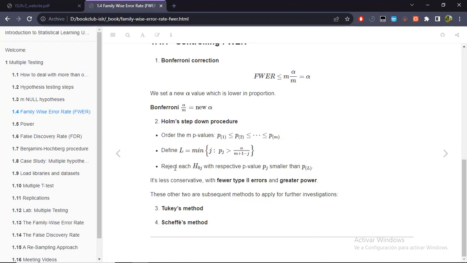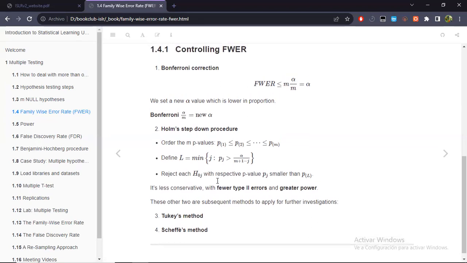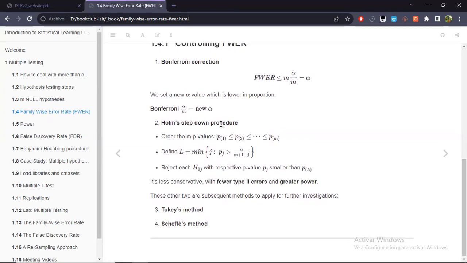And then simply by rejecting each of these null hypotheses for which its respective p-value was smaller than the p-value corresponding to this index over here, that is, to some position over here, then simply by doing that, we can not only control the number of type 1 errors, but now compared to this first correction, we also have a smaller amount of type 2 errors.